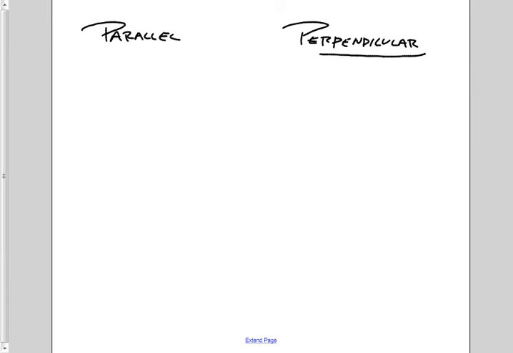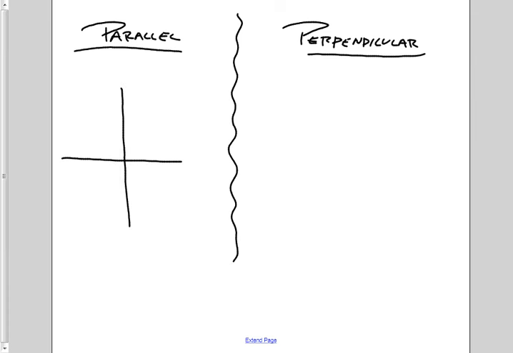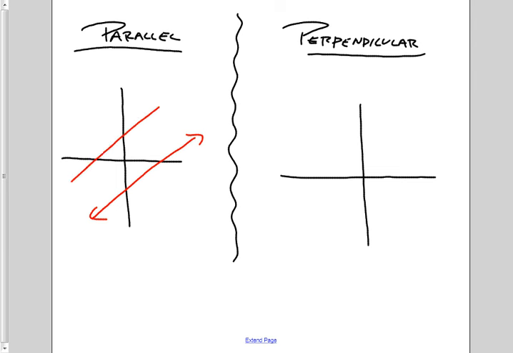Well, I think you guys can probably come up with this, so I'm not going to take a whole lot of your time with it. Parallel lines and perpendicular lines are special. Parallel lines never touch. If you remember your geometry days, parallel were coplanar lines, meaning they were laying flat and never touched.